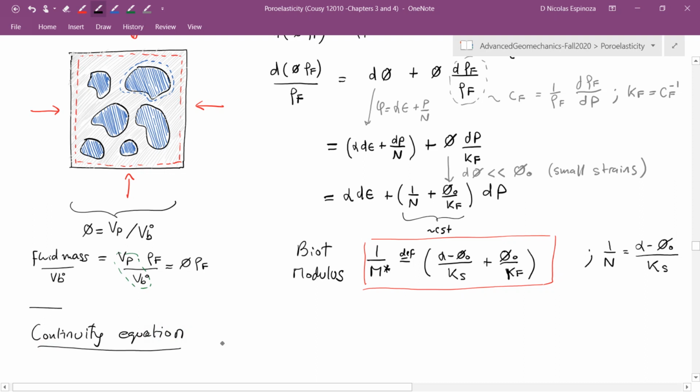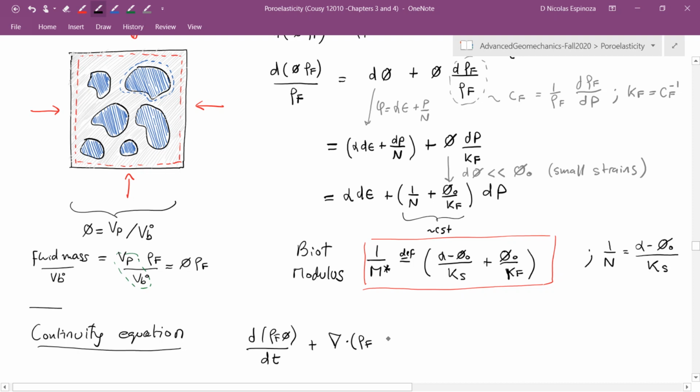The continuity equation for fluid flow in a porous medium tells me that the change of fluid in the pore space as a function of time is going to depend on whatever gets in and out, and this is going to be obtained by the gradient of the mass rate of fluid flow.